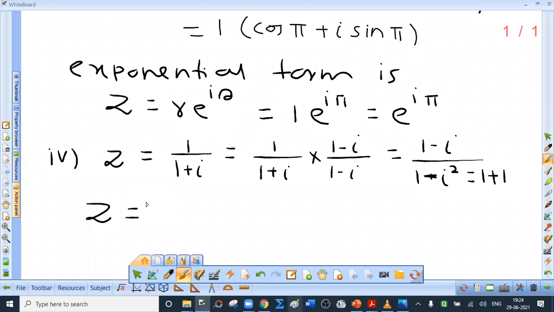Complex number should be written in which form? x plus iy. So we multiply numerator and denominator by the complex conjugate of the denominator, which is 1 minus i.